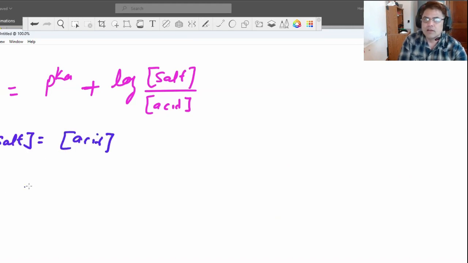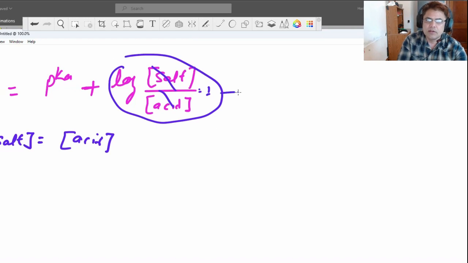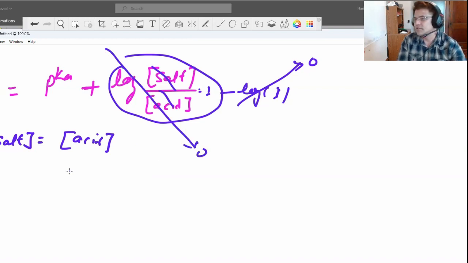Salt and acid concentration are the same, so these two cancel, and this is 1, that means the term is log of 1, right? But log of 1 is 0. That's why this whole term becomes 0 if salt is equal to acid. Makes sense? Any confusion here? Log of 1 is 0.